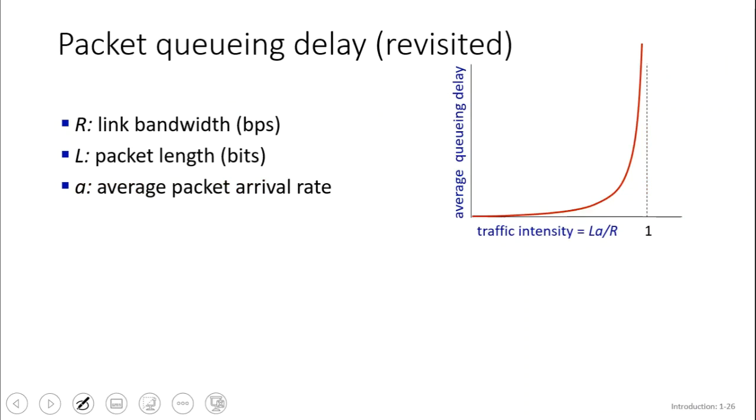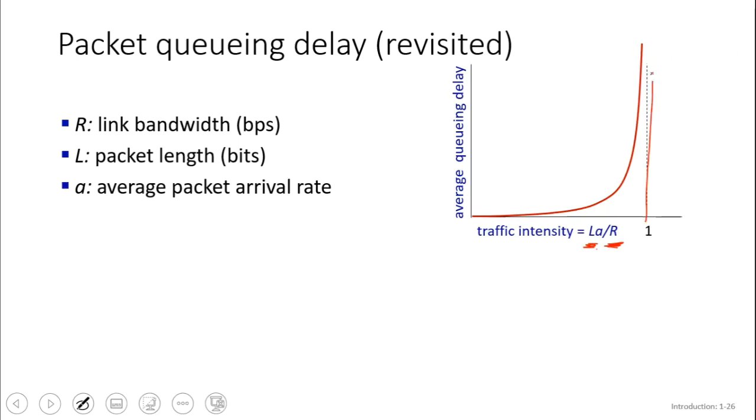Okay, now we have the packet queuing delay. What you need to understand is that when the packet length is slightly equal to the transmission rate, then obviously the delay will be very, very long.